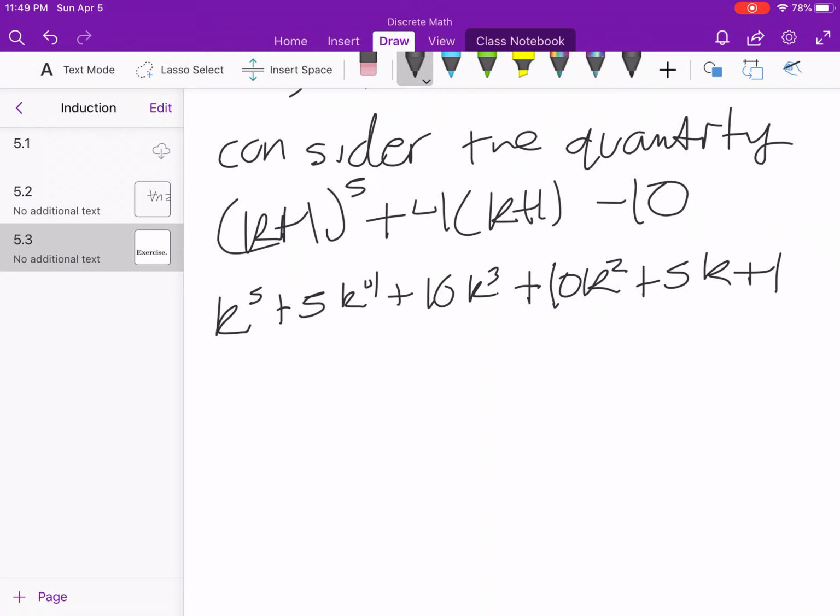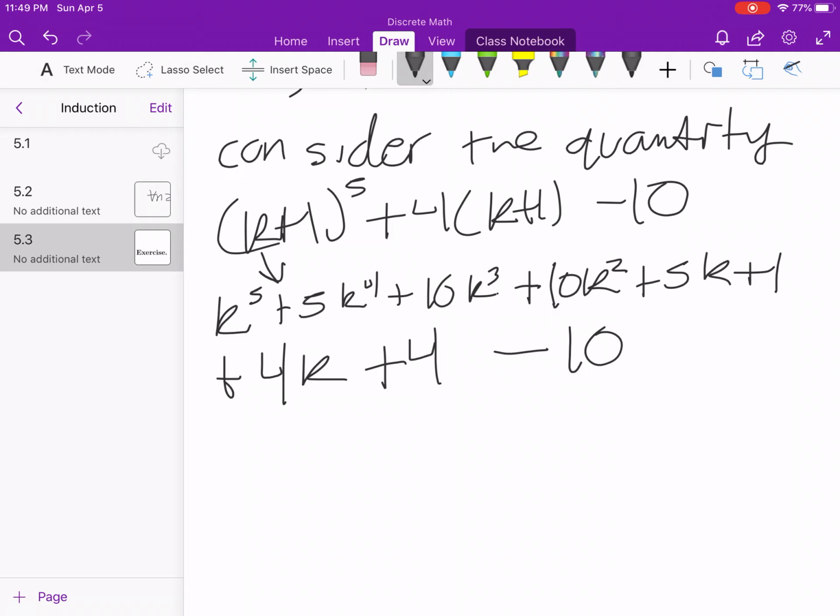I'm going to continue on in the next line here. So then I'm going to multiply through here, plus I've got 4k plus 4 minus 10.